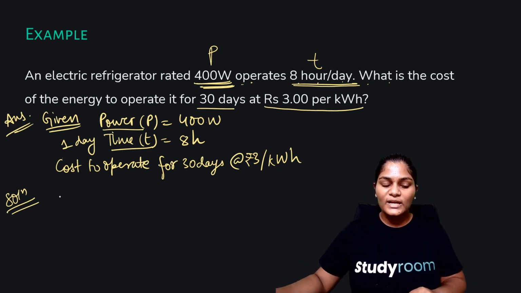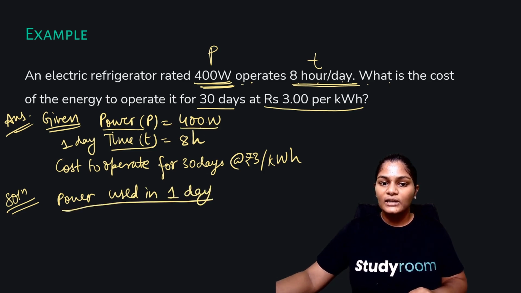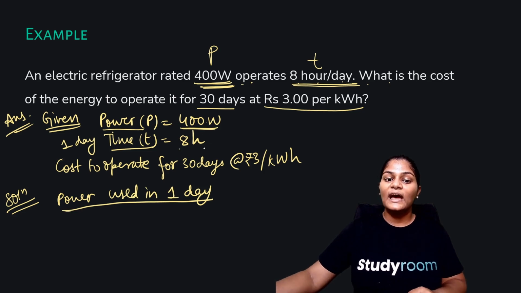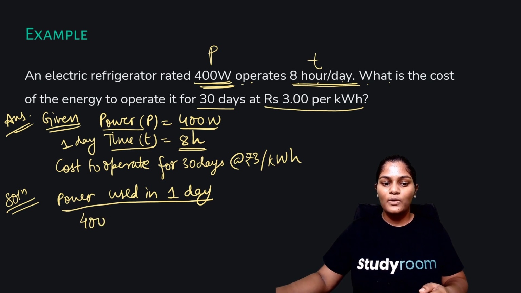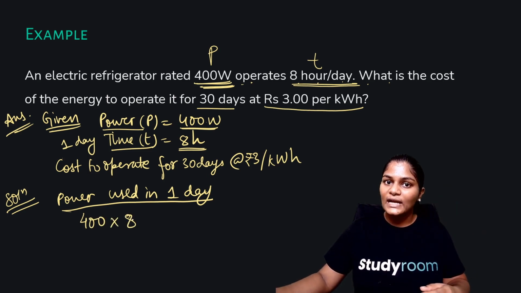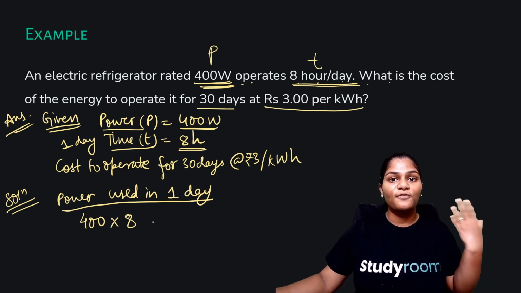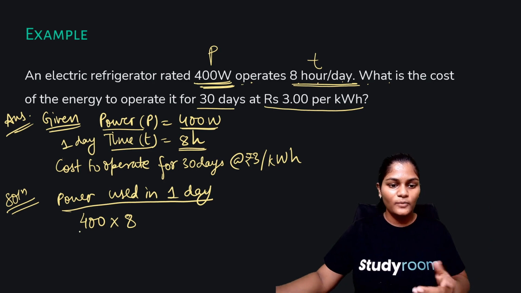Okay, so how will I find it out? Power used in 1 day. If I want to calculate that, I have the power it uses and I have the hours it operates for in 1 day. So simply the power it uses times the number of hours that it operates for would give me the total amount of power that is used in 1 day, obviously.